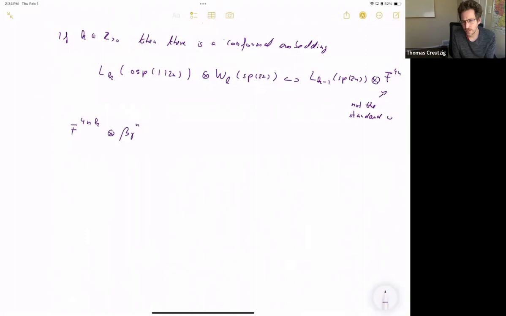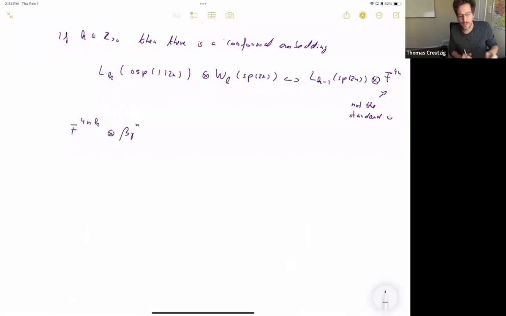And you should think about it as the free field algebra associated to the standard representation of OSP1/2n times the one associated to the standard representation of sp2k.